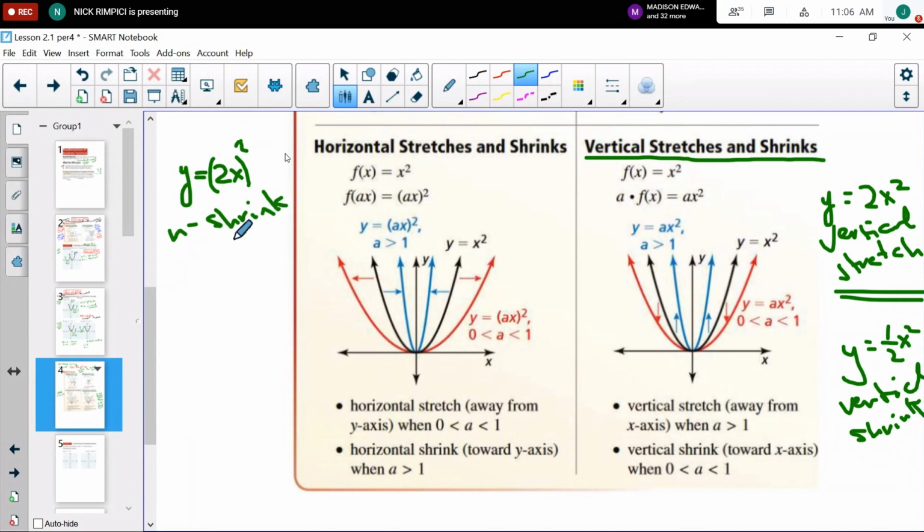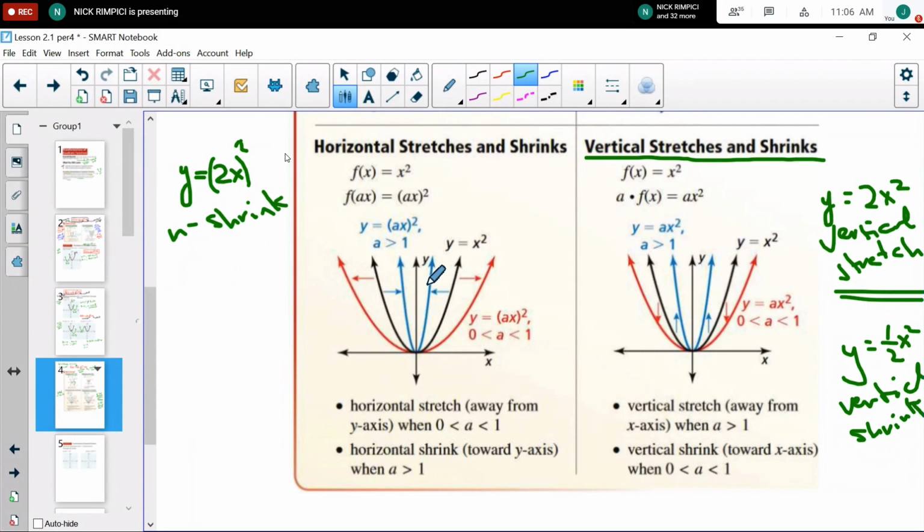It's a horizontal shrink, okay, meaning that you're moving horizontally with respect to y. So it actually models the blue graph. A is bigger than 1, it models the blue graph. So as you horizontally shrink, you get closer and closer to the y-axis, which means that you get taller and more narrow, okay?